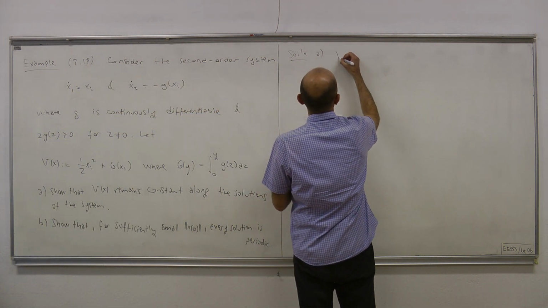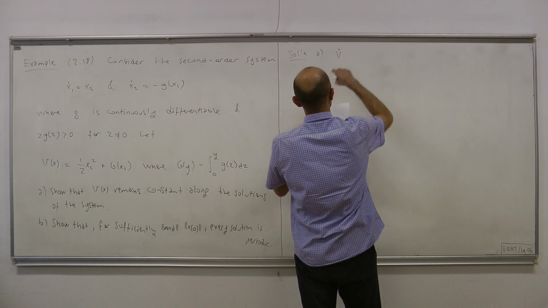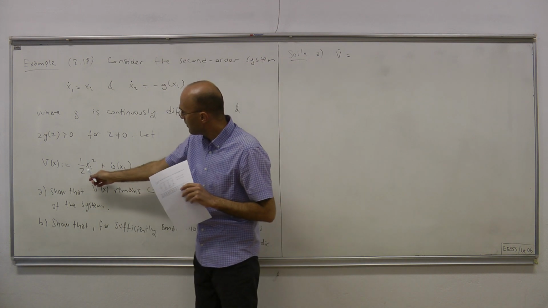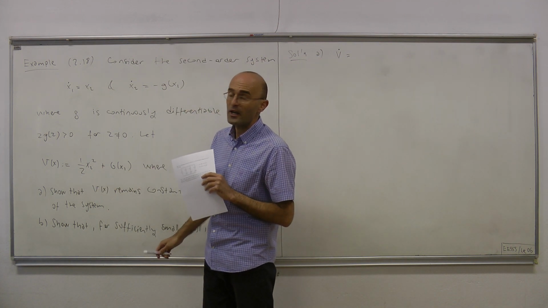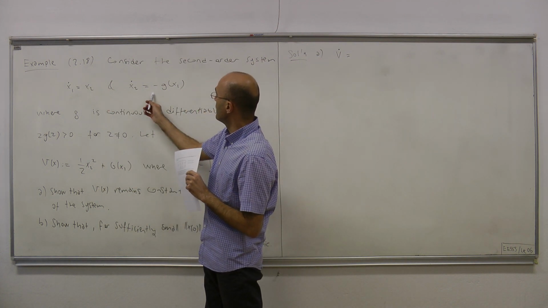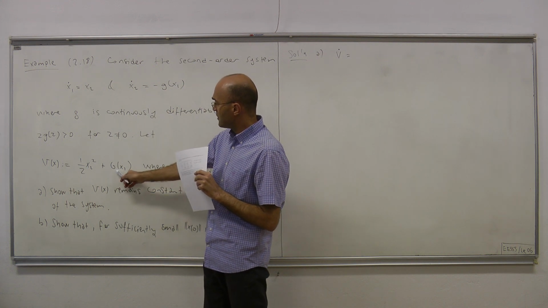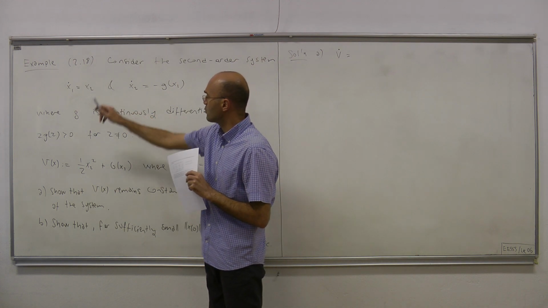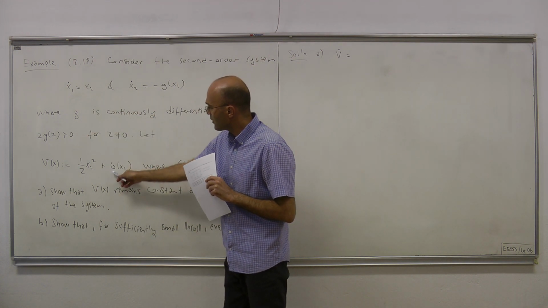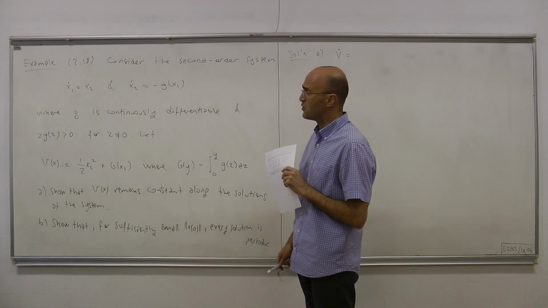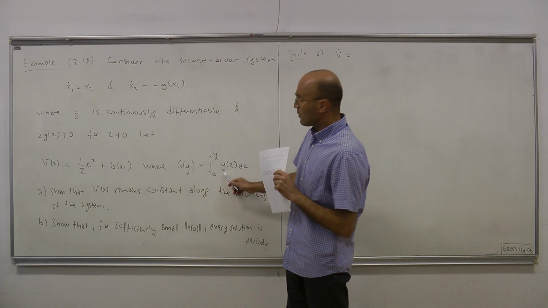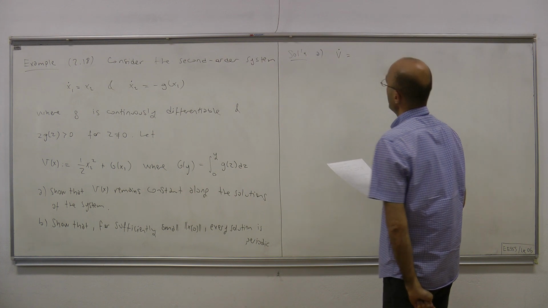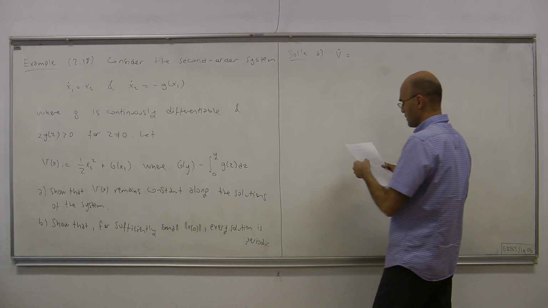So v dot, the time derivative of v of x of t, equals partial of this guy with respect to x2 times x2 dot, and partial of this guy gx1 with respect to x1 times x1 dot, and the partial of capital G, since it's the integral of lowercase g, is g. Therefore, we can explicitly write v dot as follows.